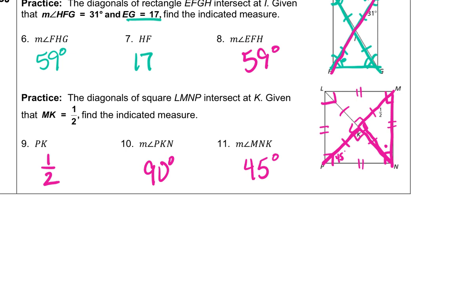Please keep in mind, since this is a square with 45, 45, 90s, you know that 1/2 and 1/2 is 1. So if my diagonal is 1, then I can find x, and this would be x square root of 2.